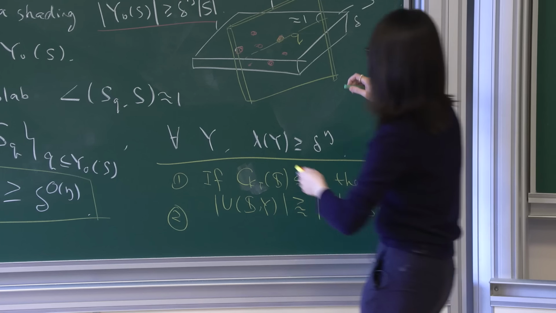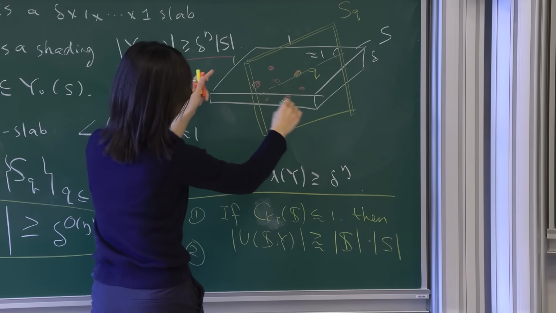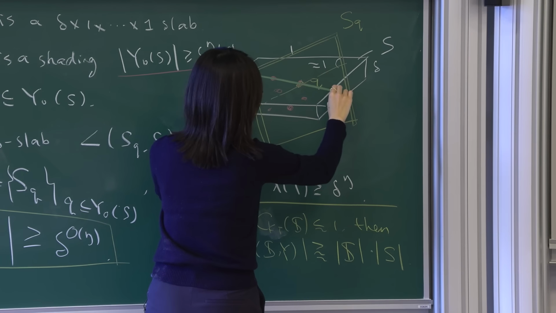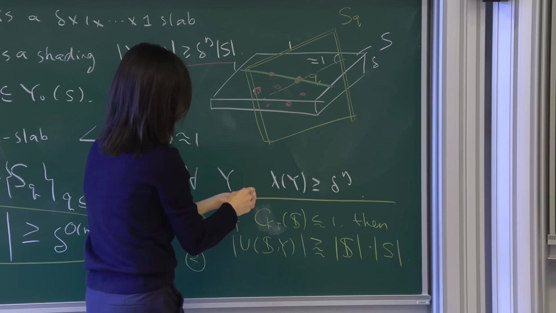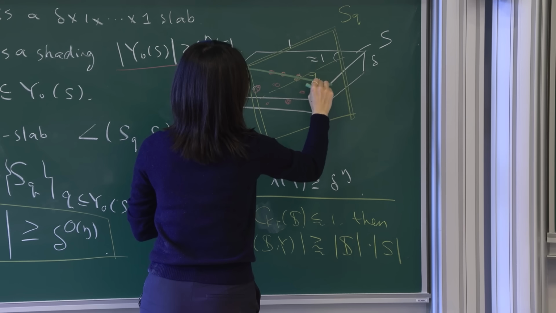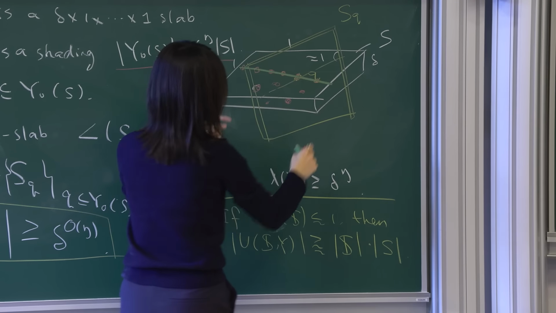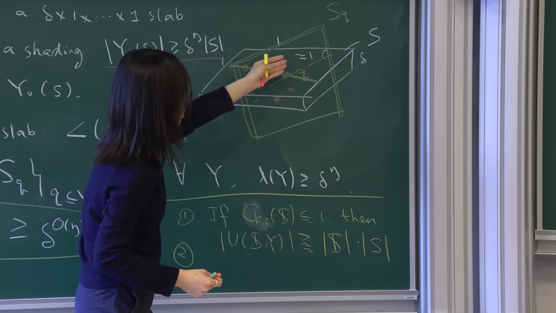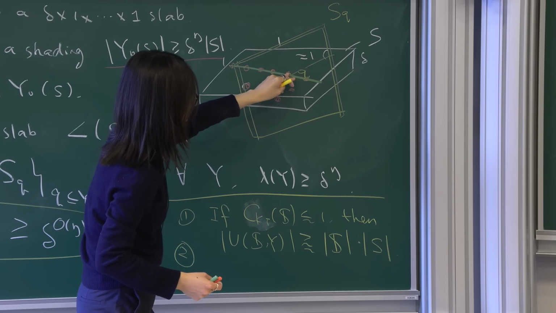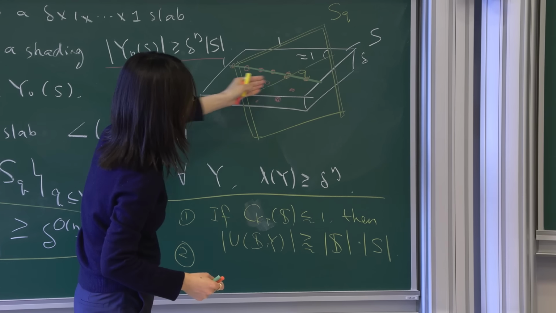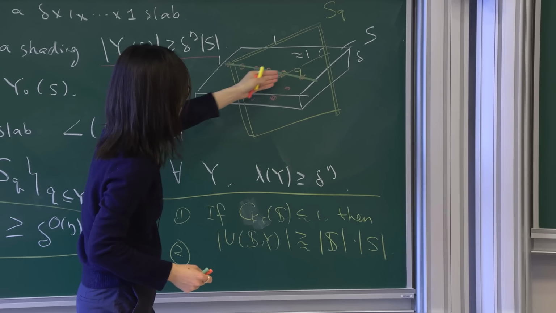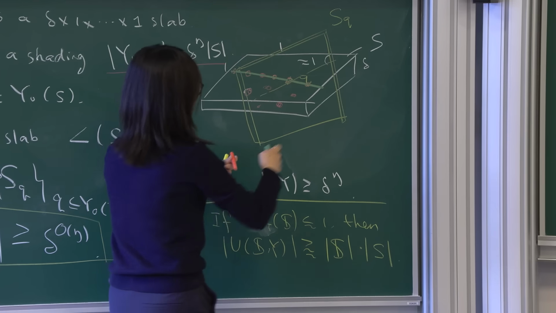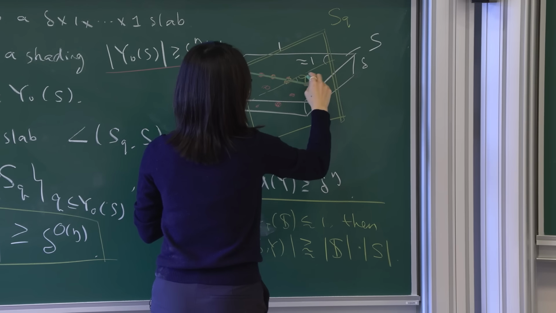we can choose a random line, let's say this green line, such that this line intersects a lot of those delta balls in the shading, and also such that the corresponding slabs of the delta balls intersect the green line transversely.